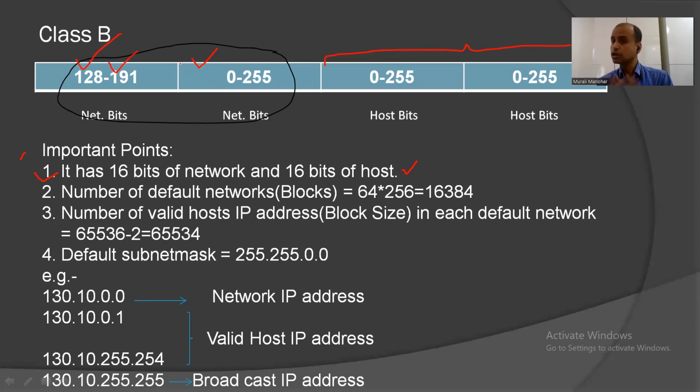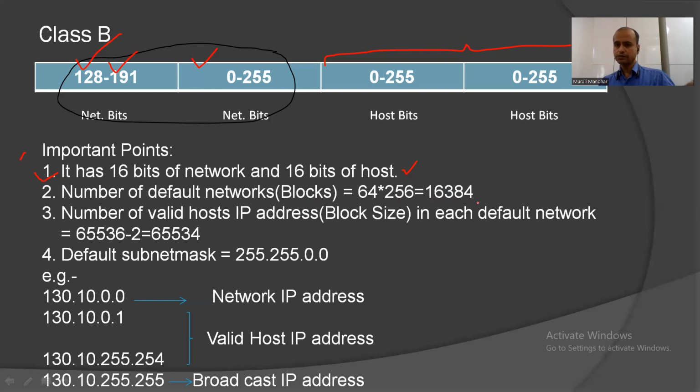And there are 64 different values in the first group. It means the total calculation of default networks will be 64 into 256, and its value will be 16,384. Means we can form 16,384 different networks in class B.